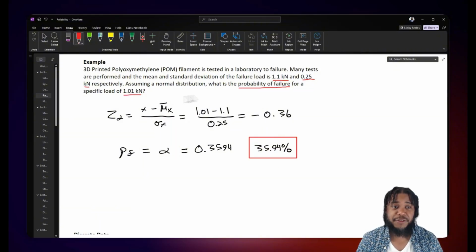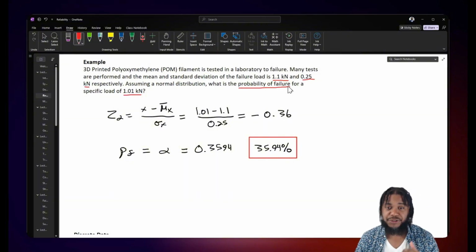So let's go ahead and think about this. Our knowns are the failure load, the value of its mean and standard deviation, and our unknown is the probability of failure, which requires us to find the alpha value, which requires us to find the Z parameter.